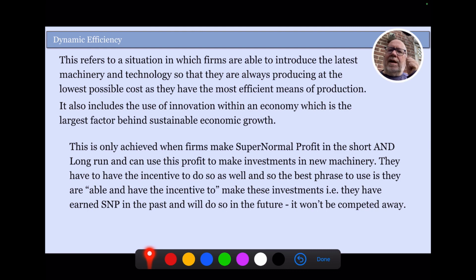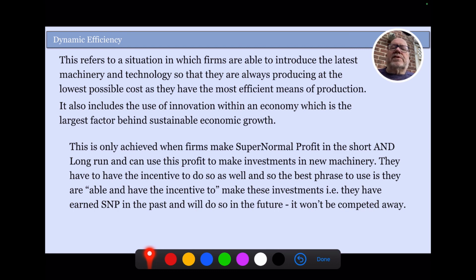So they have the ability to do it and the incentive to do it. Okay, they won't get competed away as they would if there was some competition or monopolistic competition.